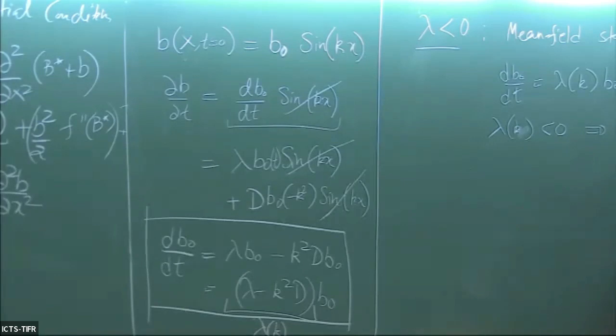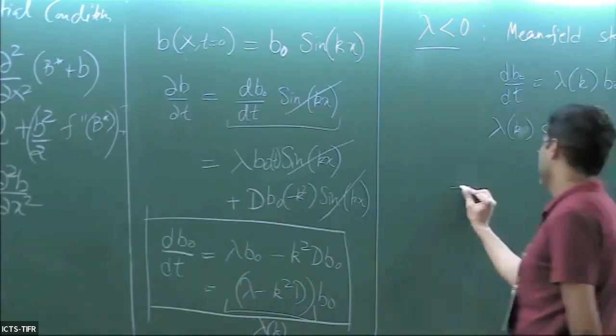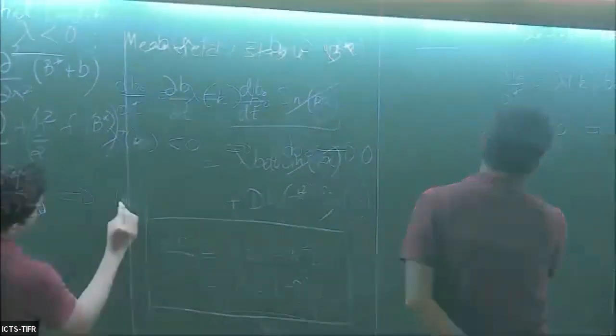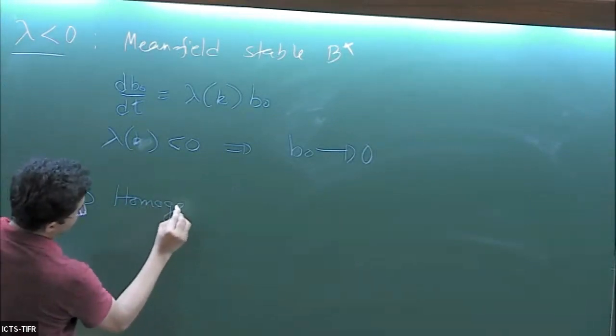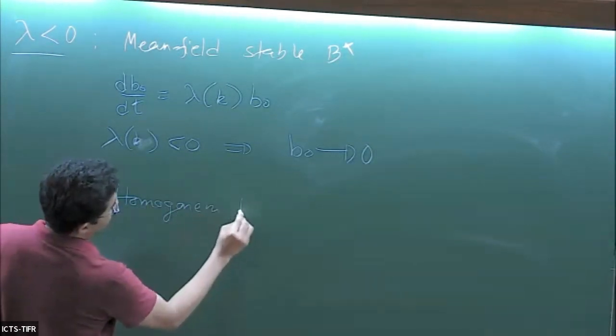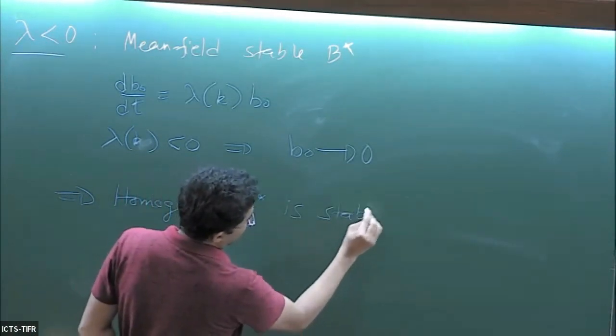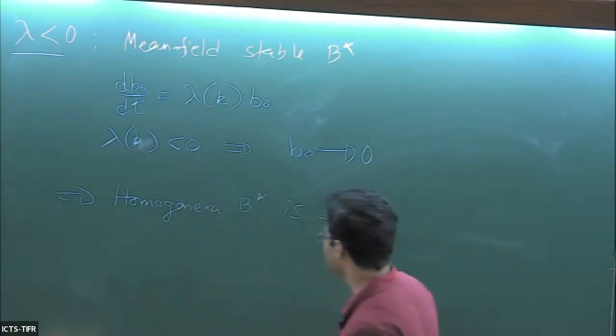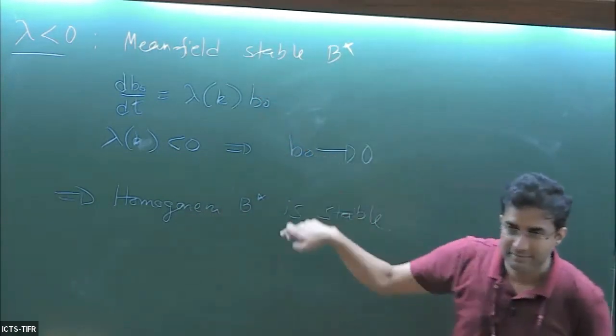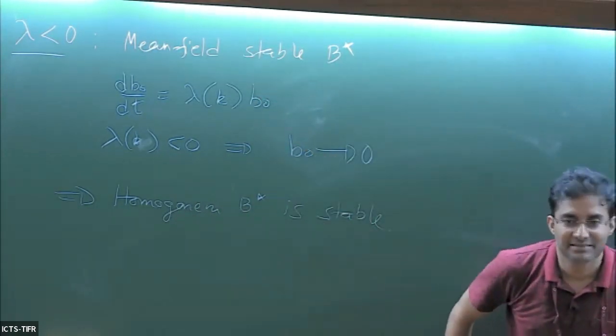So what can I conclude from this? The homogeneous B star is stable if the mean field B star was stable.